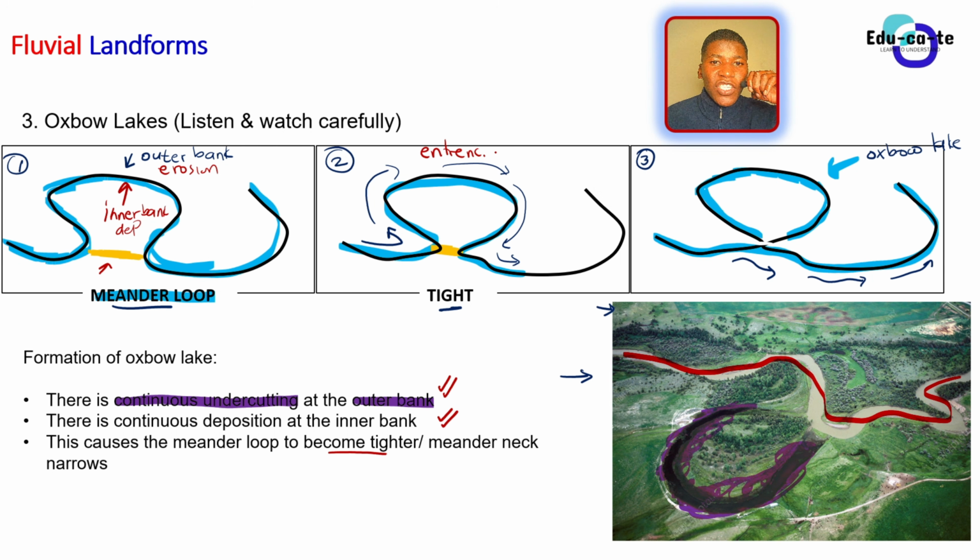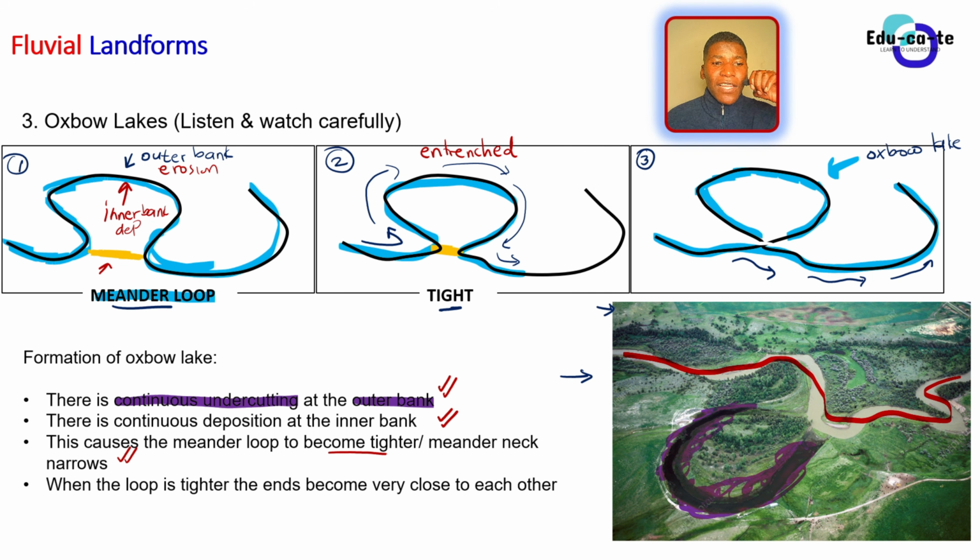So when we say that we've got an entrenched meander, or an incised meander, it just means that it has got a neck that is narrowed. The neck has become narrow. It was open like this, just like here you can see that it was open. This blue area that I've shaded was open, but now it is a bit tighter. So the meander neck will narrow.